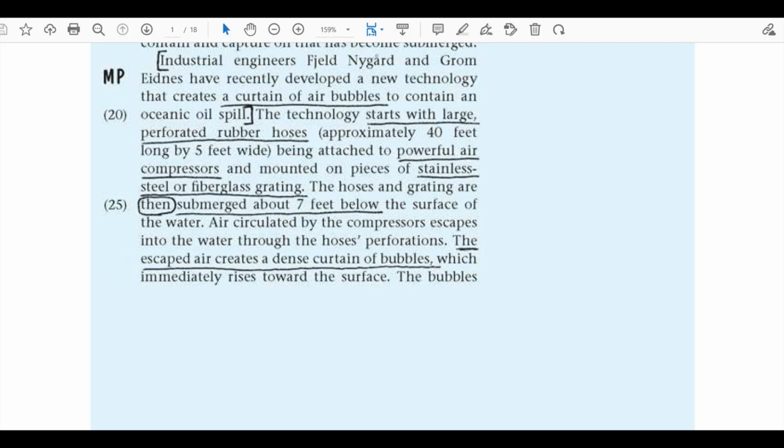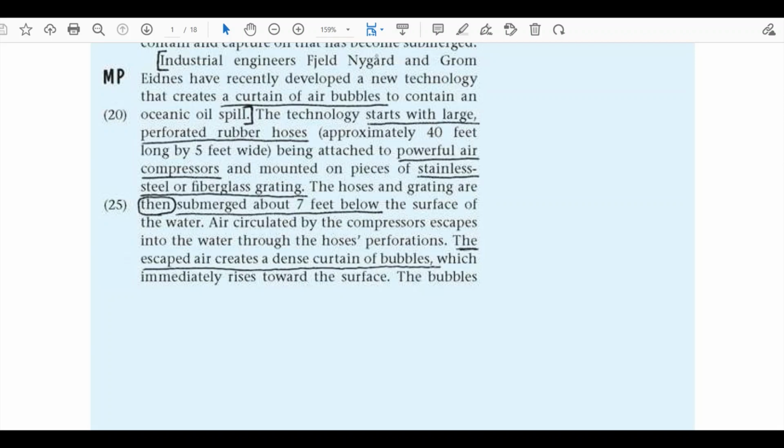being attached to powerful air compressors and mounted on pieces of stainless steel or fiberglass grating. The hoses and grating are then submerged about 7 feet below the surface of the water.